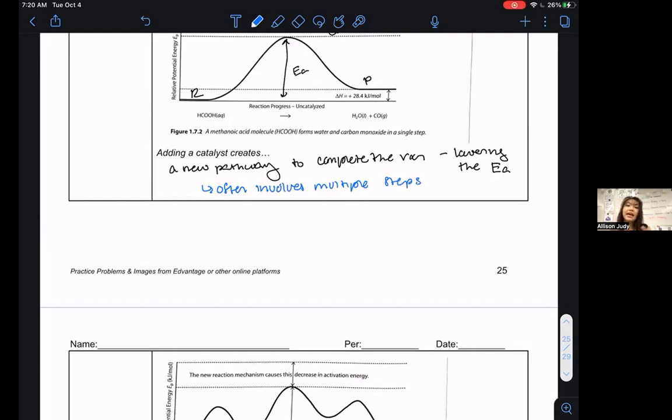So oftentimes the catalyst is not only the pathway to a faster and more efficient, higher probability collision reaction, but also a pathway to understanding and confirming that there are multi-step mechanisms that happen sequentially in order to produce the overall reaction itself.